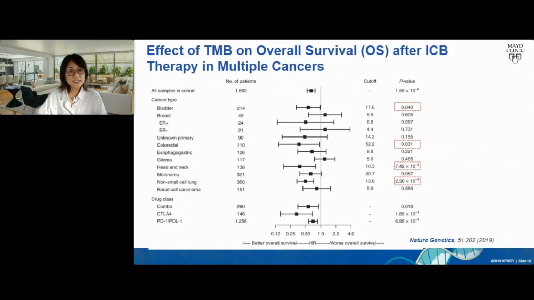This Nature Genetics paper from 2019 showed that higher tumor mutational burden predicts better overall survival after ICB therapy in multiple cancers, highlighted in the red box, but not in breast cancer patients. I highlighted the breast cancer p-values here by the red arrow.